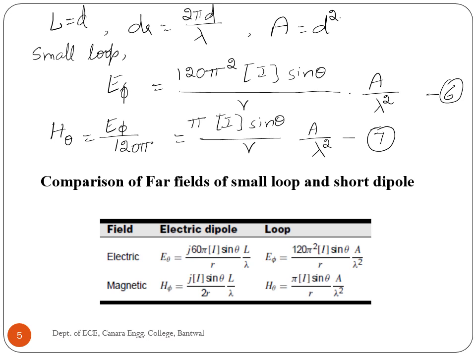Comparison of far fields of the small loop and the short dipole we can observe in the table. The presence of the operator j in the dipole expressions and its absence in the loop equations indicate that the fields of the electric dipole and of the loop are in time phase quadrature, the current I being in the same phase in both the dipole and loop. The formulas are good approximations for loops up to lambda by 10 in diameter and dipoles up to lambda by 10 long.